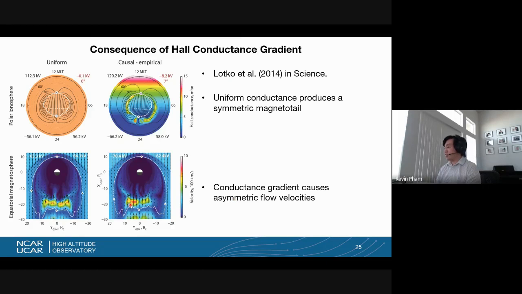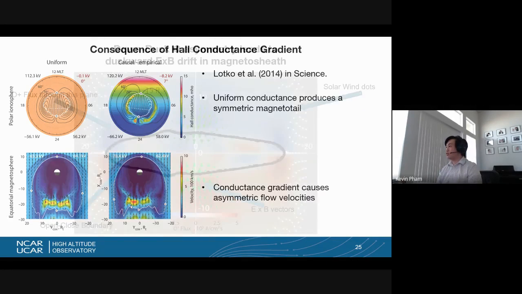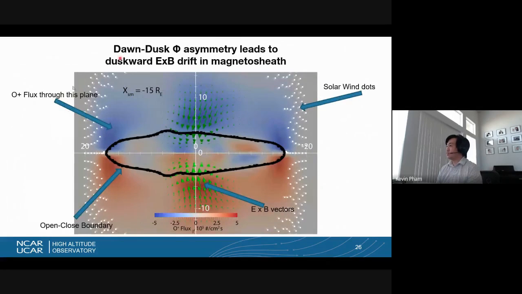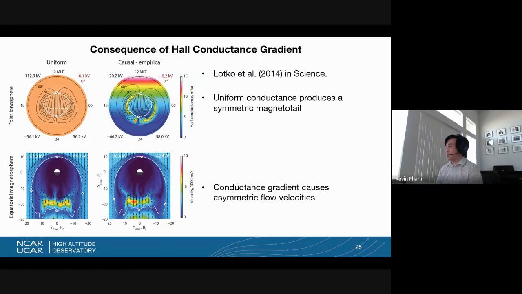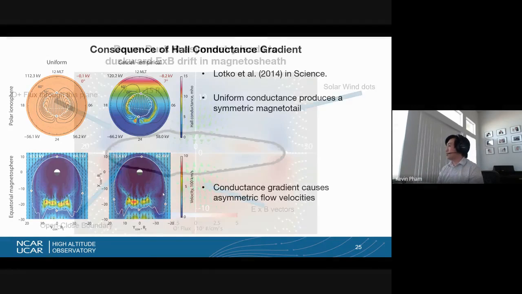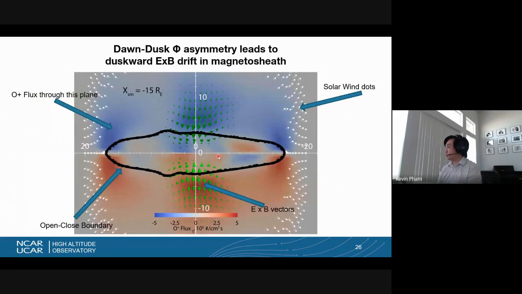So now how does that apply to our O plus coming in? When the O plus enters the magnetosphere, this is a really complicated plot. This plot is a YZ cut plane. This is the equatorial plane, this is X and this is Y. If we picked an X value, in this case X of minus 15, and made a cut, then looked at it in 2 dimensions along the Z and Y plane, with Z being up and down and Y being left and right, you can see the green arrows are the E cross B vectors.